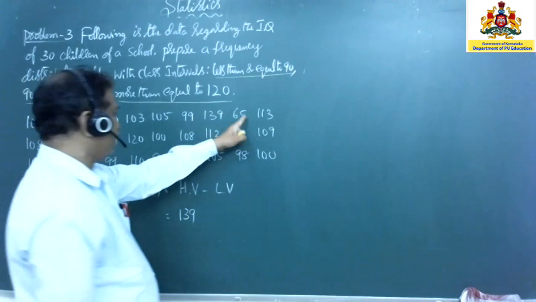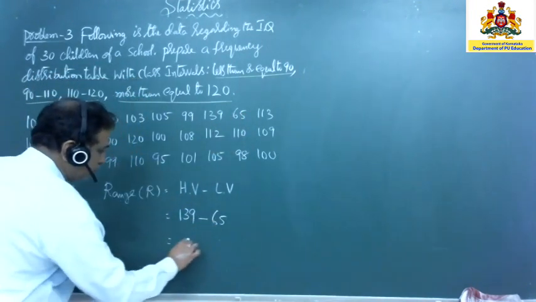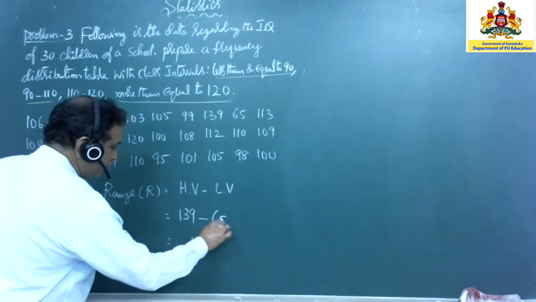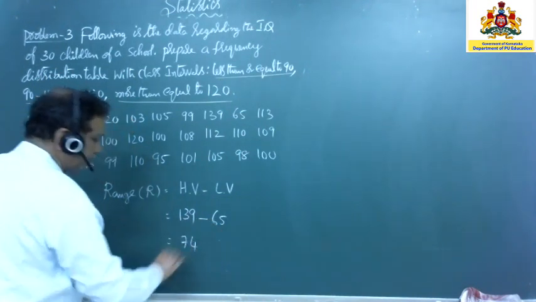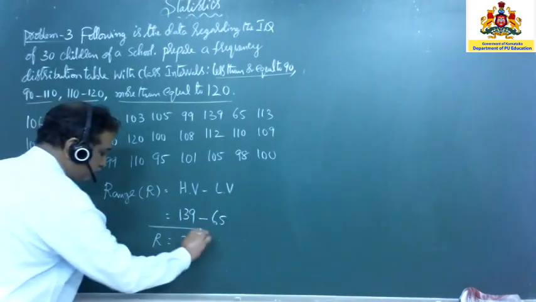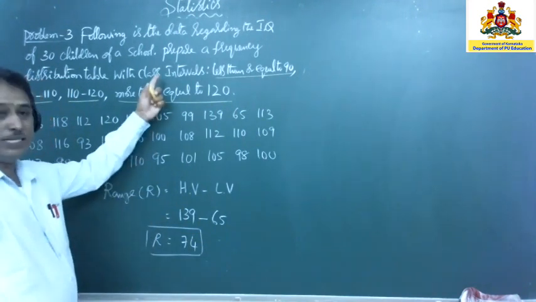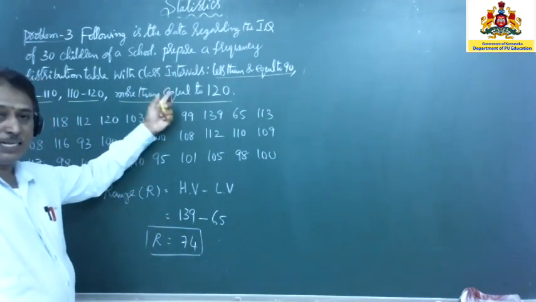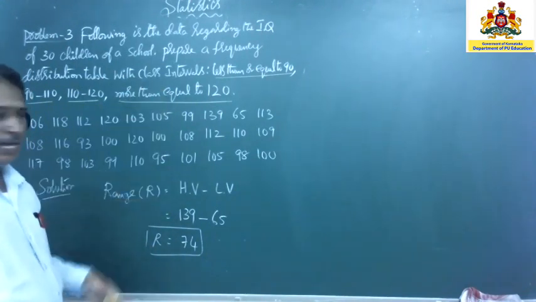If you observe the data, 65 is the lowest value. The range is 139 minus 65, which is 74. But it is not necessary to find the range for this problem. Why? Because the classes are given directly. In this manner only we have to prepare the classes.